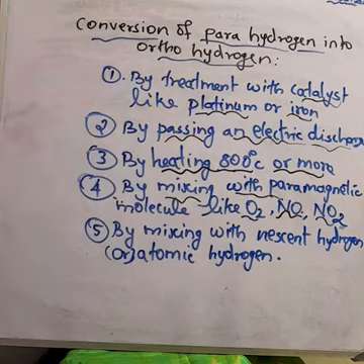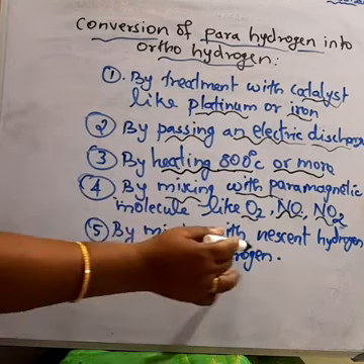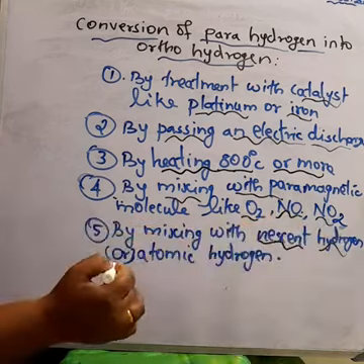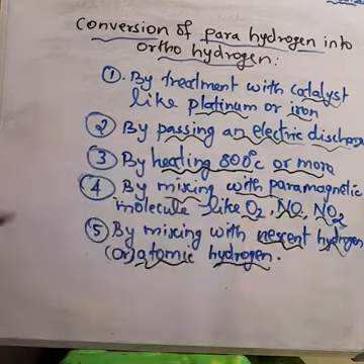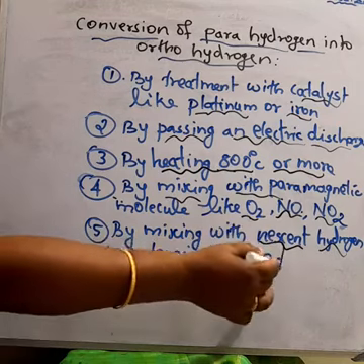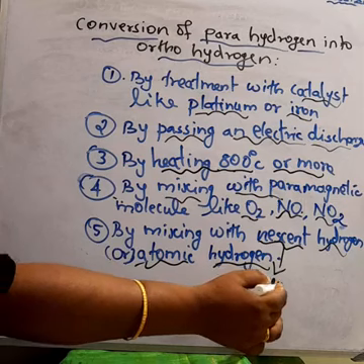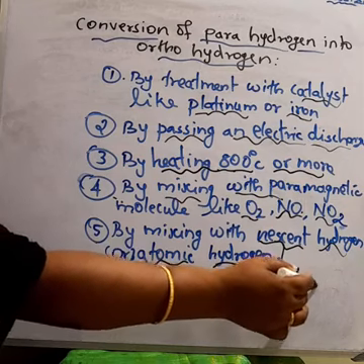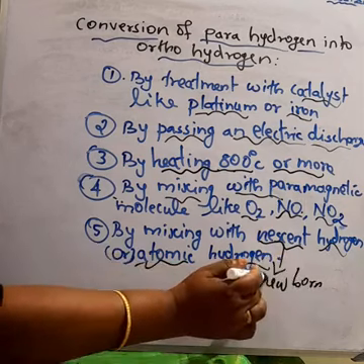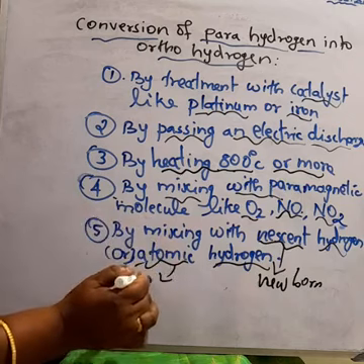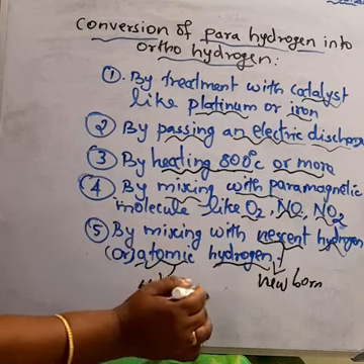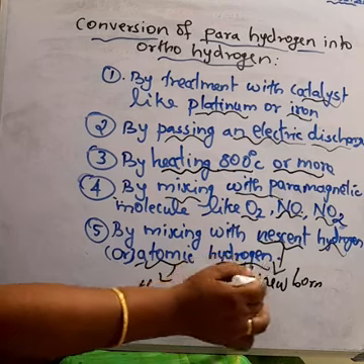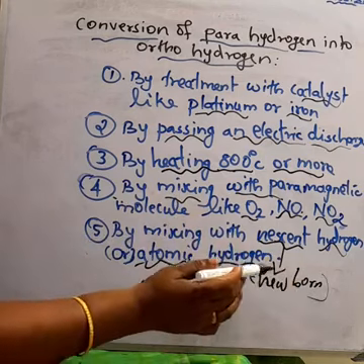Another point, by mixing with nascent hydrogen or atomic hydrogen. What do you mean by nascent hydrogen? It means one of the purest forms of hydrogen, obtained by chemical reaction. Atomic hydrogen means when a hydrogen molecule dissociates, we get two hydrogen atoms.